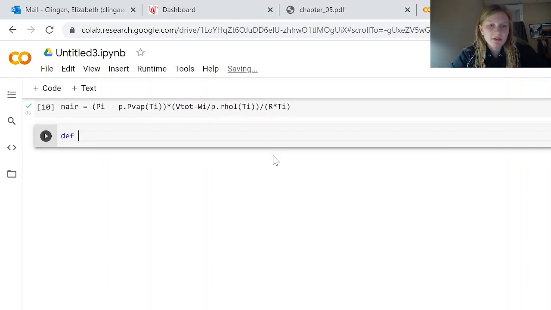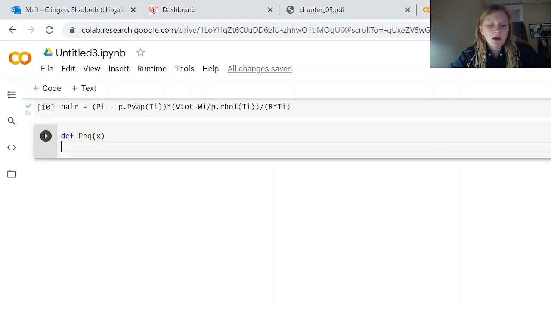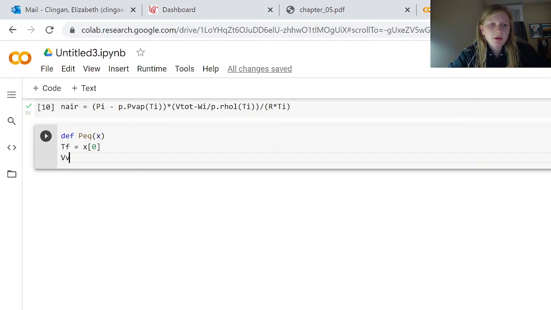Now we can just go ahead and define our function. So we'll just call it pressure equation and do an x. We want the final temperature. We want it to give us the first value in the array, so that's going to be a 0. And then the volume in the vapor phase is the difference of the 2 volumes. So we'll do the total volume minus the mass of the water divided by the density at the final temperature.